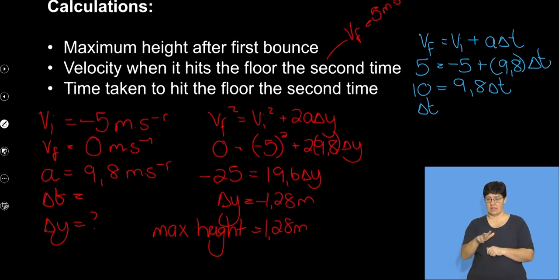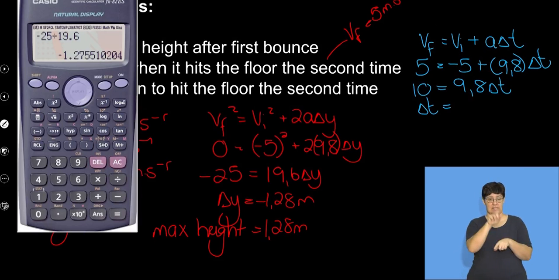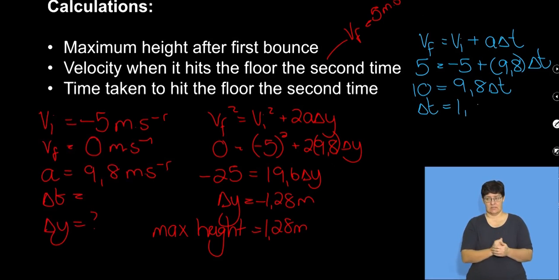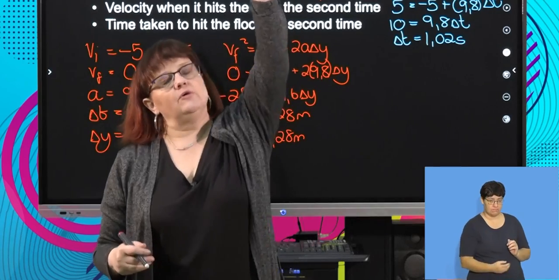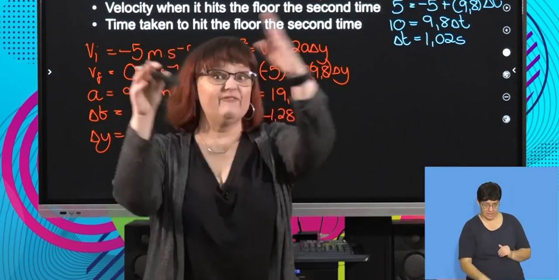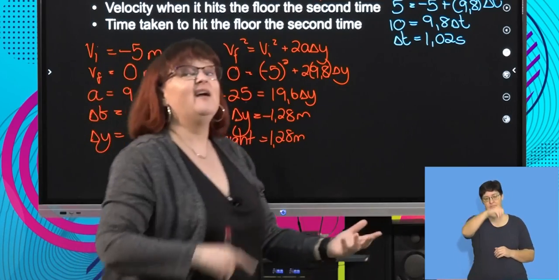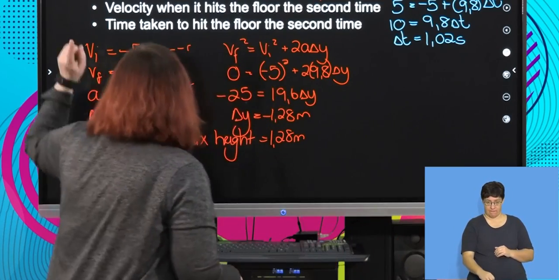And so delta t is going to be 10 divided by 9.8. And we get 1.02 seconds. So that's the time it takes to go from the floor, get to the top, get back down.